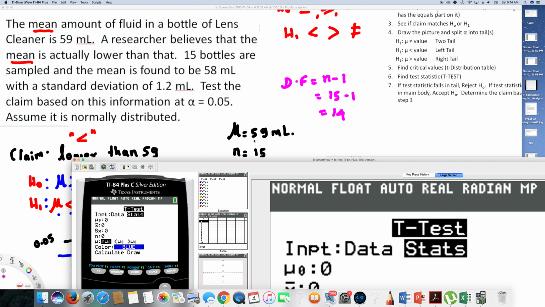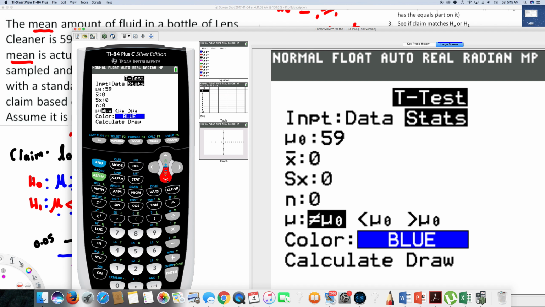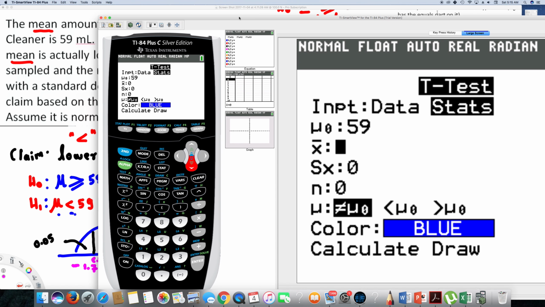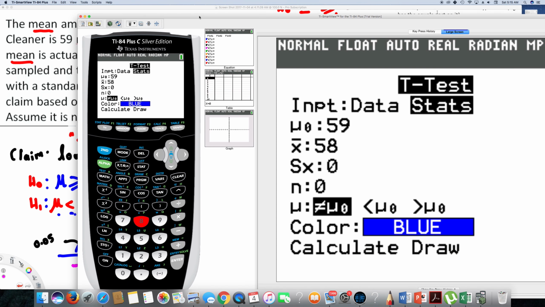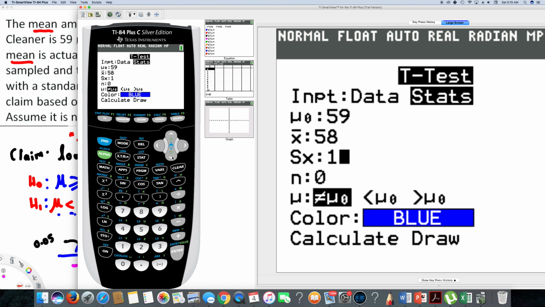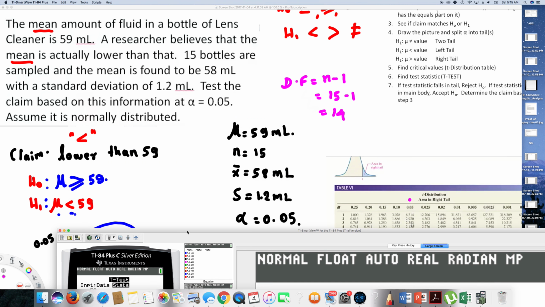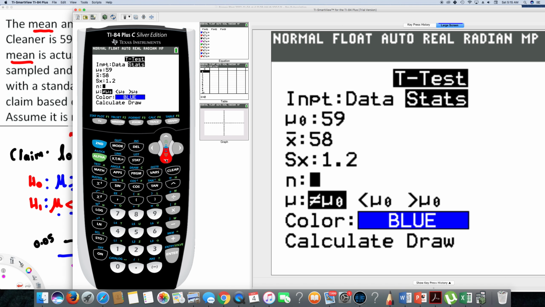Then x bar is 58, the standard deviation is 1.2, and n is 15, the number of samples. We know this is lesser than, so go down, select lesser than, and enter. Now let's calculate this one, and here we get a t value of negative 3.227.